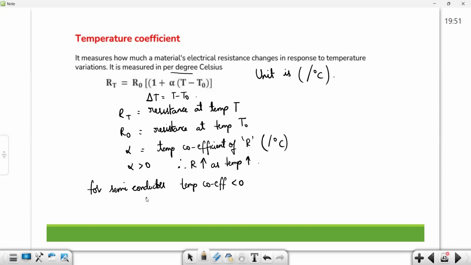So resistance decreases as temperature increases. Fine. Is it clear?